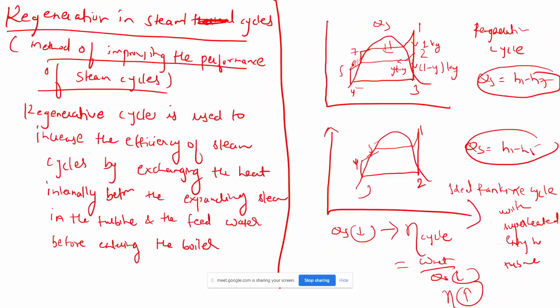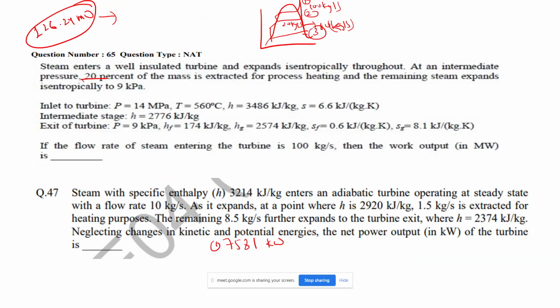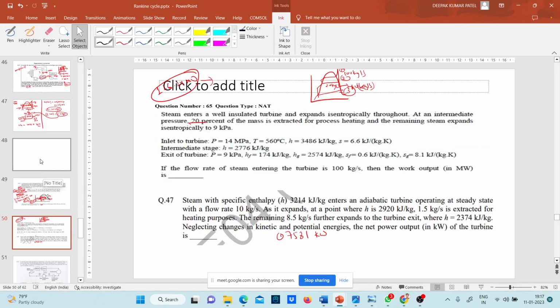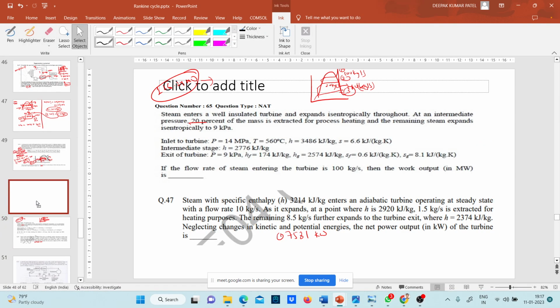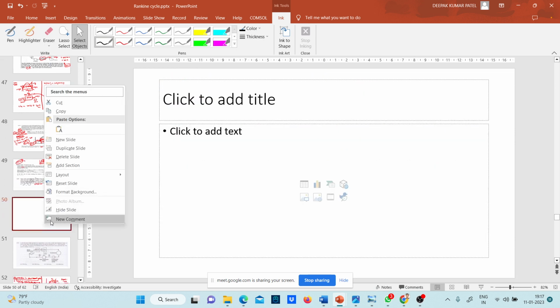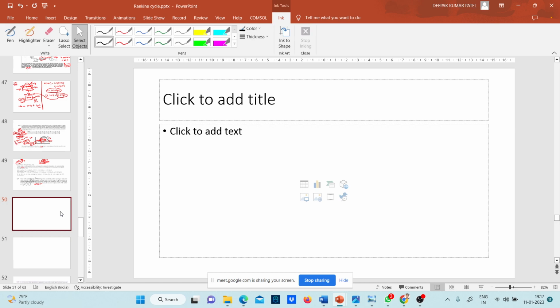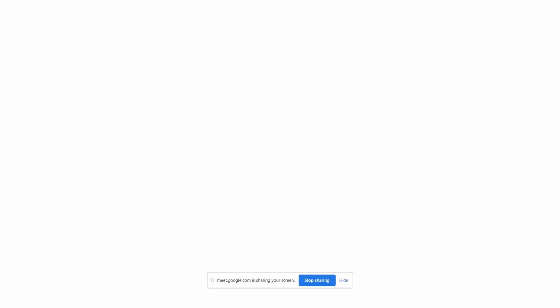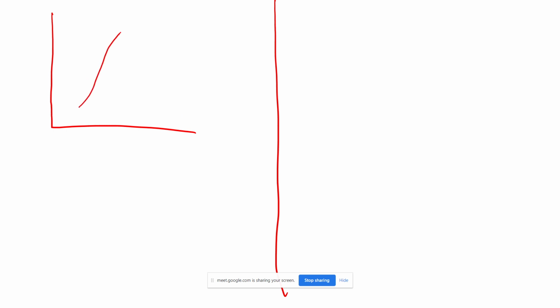So what have they given in the question? We'll draw the TS diagram.